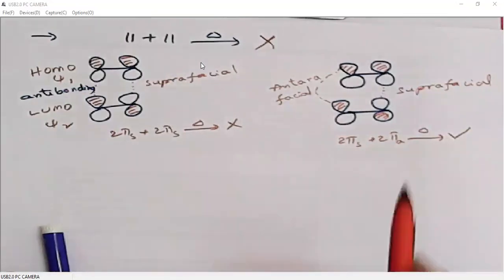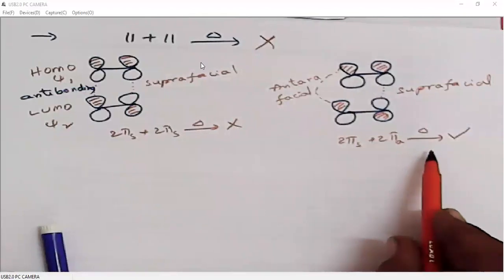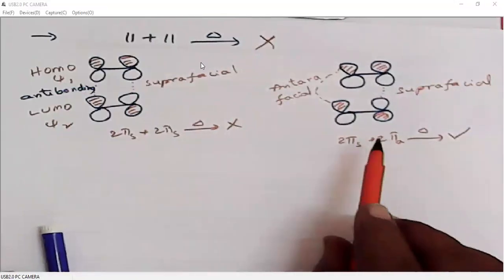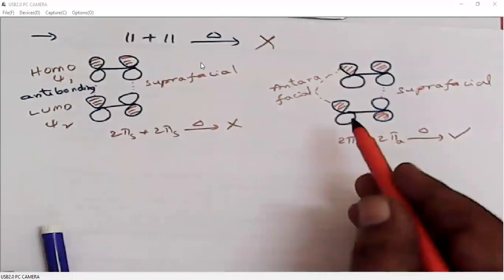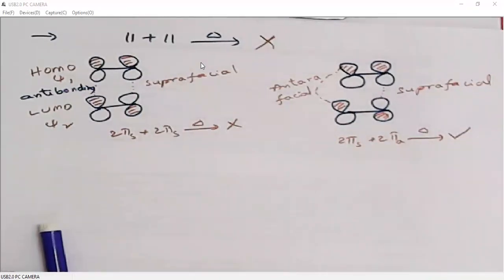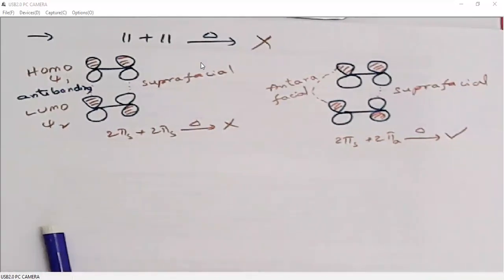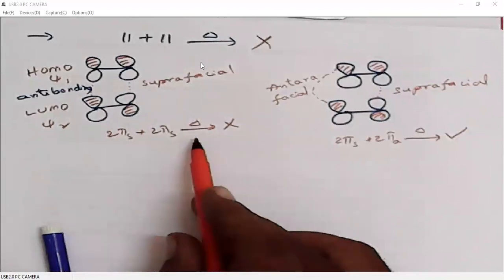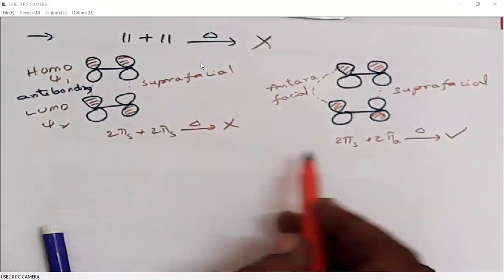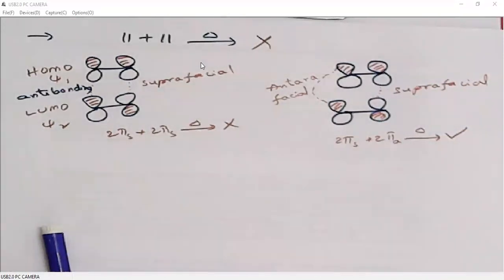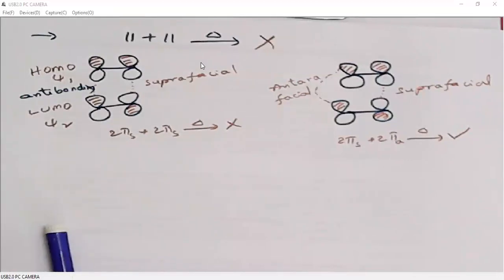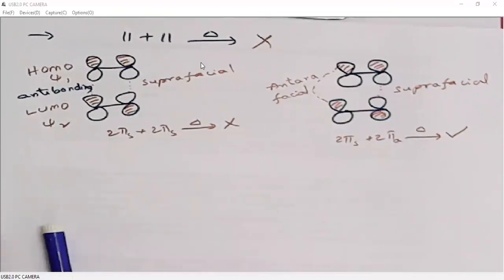So 2 pi s plus 2 pi s under thermal conditions is not possible, whereas 2 pi s plus 2 pi a is possible in principle, but practically this reaction doesn't occur.